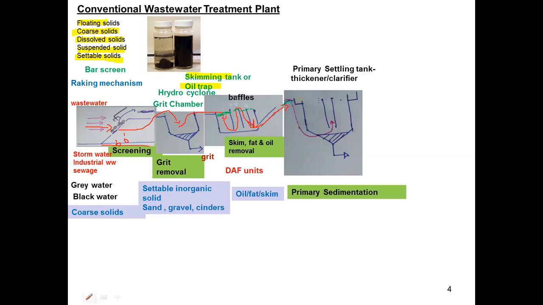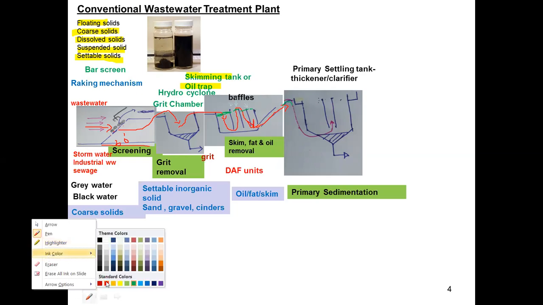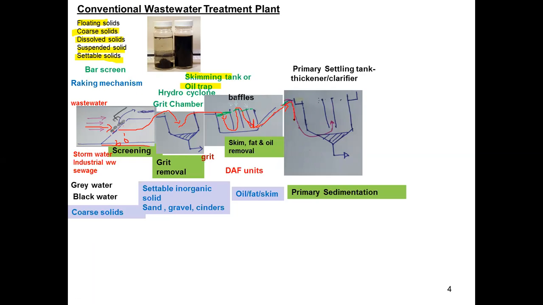I'll use another color for that. It is fed at the bottom of the vessel and it is going up through this center pipeline. Then it comes to the top of the vessel. Then what happened?